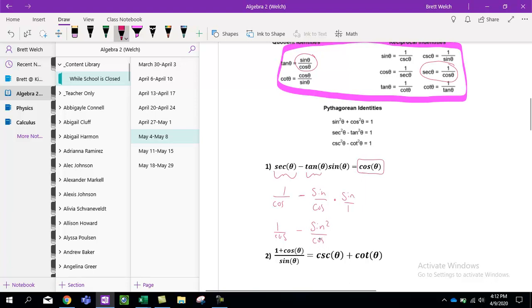Now, when 2 things have the same denominator, it's possible for us to combine them into one. If you think about it as 4/3 minus 2/3, we can just take 4 minus 2 and put it over 3, which means this can be written as 1 minus sine squared over cosine.